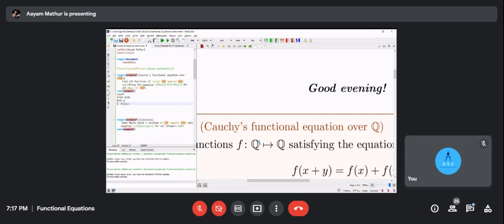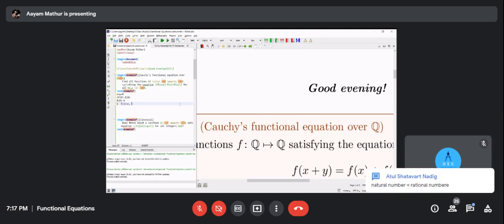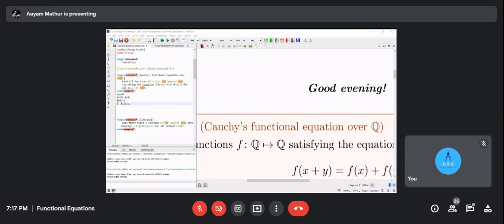My question was, will it also spit out some value for f of 1? Because sometimes some functions are not defined on some inputs. That's why I asked this question, that we are assuming f of 1 exists.